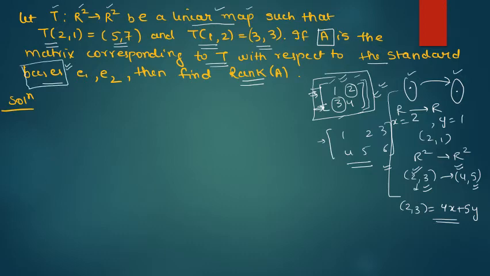Okay, now let's move on to the question further. So you have to find the rank of that matrix, but for that you first need to find the matrix itself, right? You don't even know the matrix. So what we have got is these linear mappings. T of 2 comma 1 is 5 comma 7, and another linear mapping is T of 1 comma 2 is 3 comma 3, right?